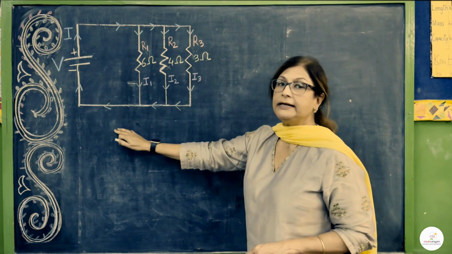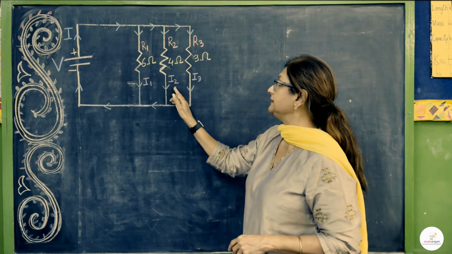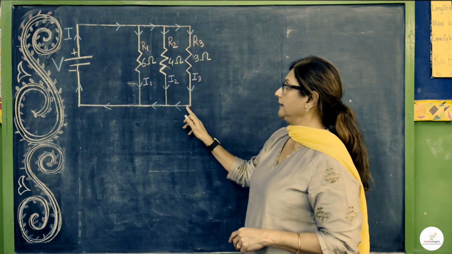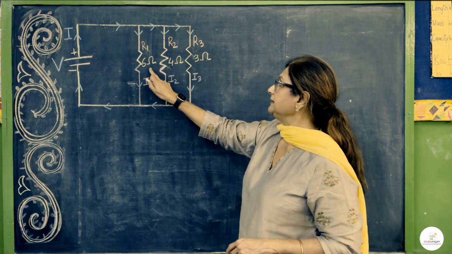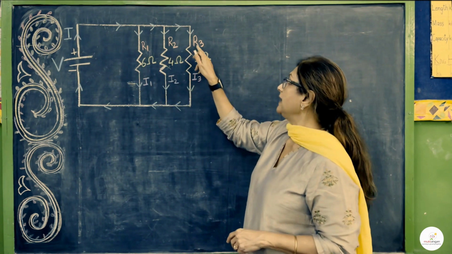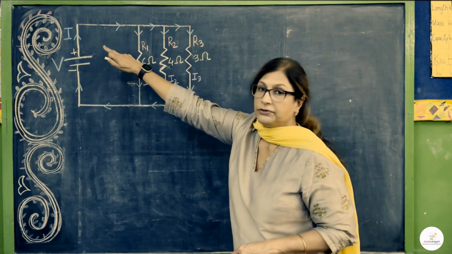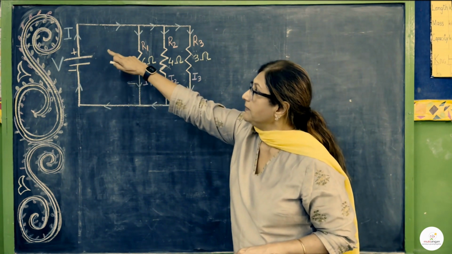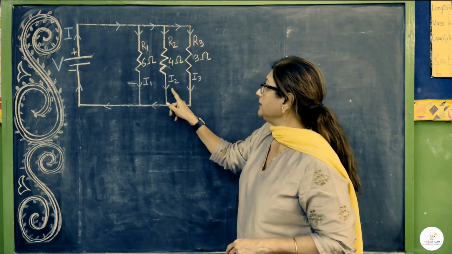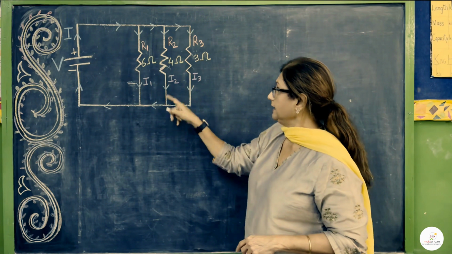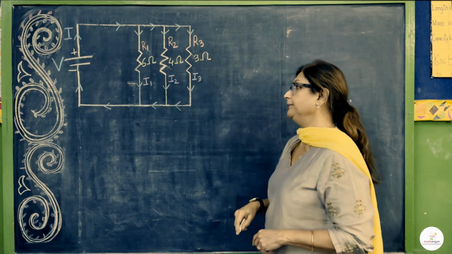This is a circuit in parallel with 3 resistors R1, R2, R3 that are connected in parallel. R1 is 6 ohm resistor, R2 is 4 ohms and R3 is 3 ohms. I is the total amount of current which is coming out from the battery, and I1, I2 and I3 are the current that is being divided in these 3 resistors.